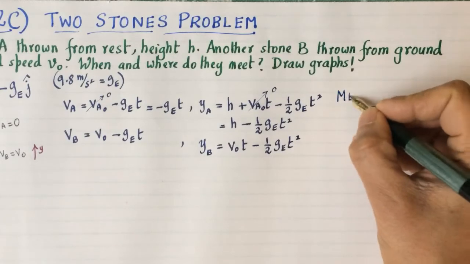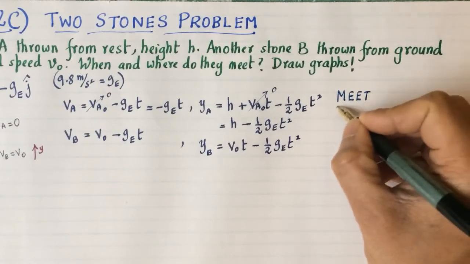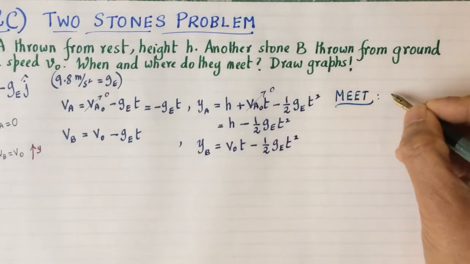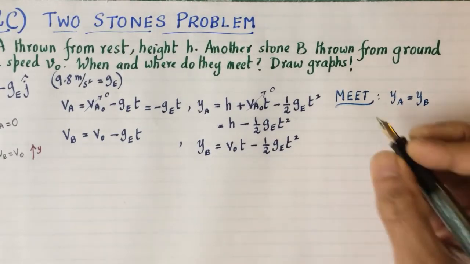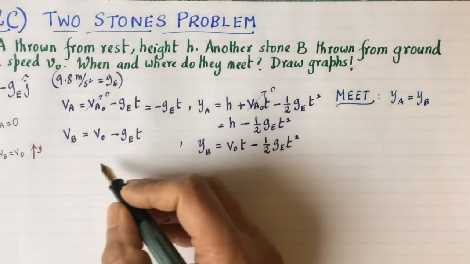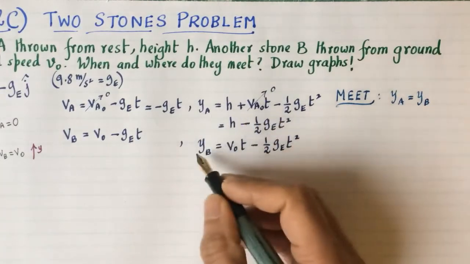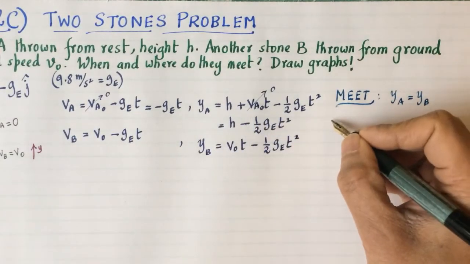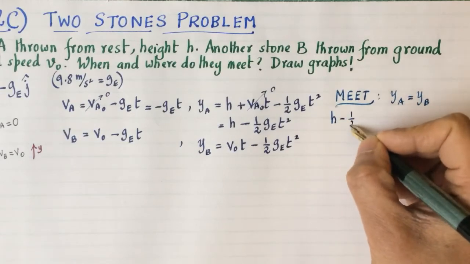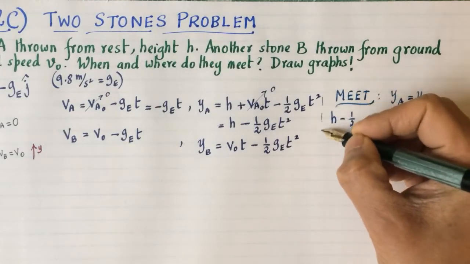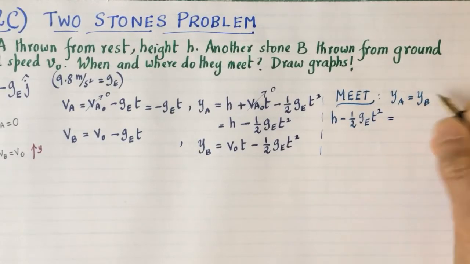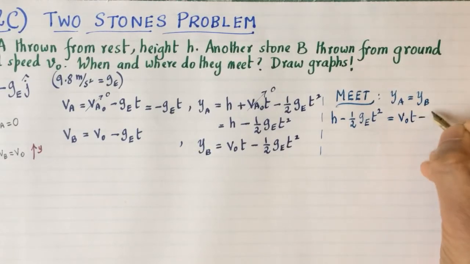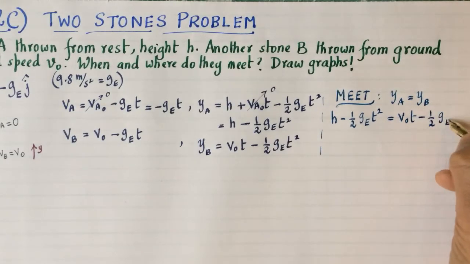The stones will meet when the distances yA and yB coincide. So let's set the equation for yA equal to the equation for yB. And the remark I made earlier proves true.